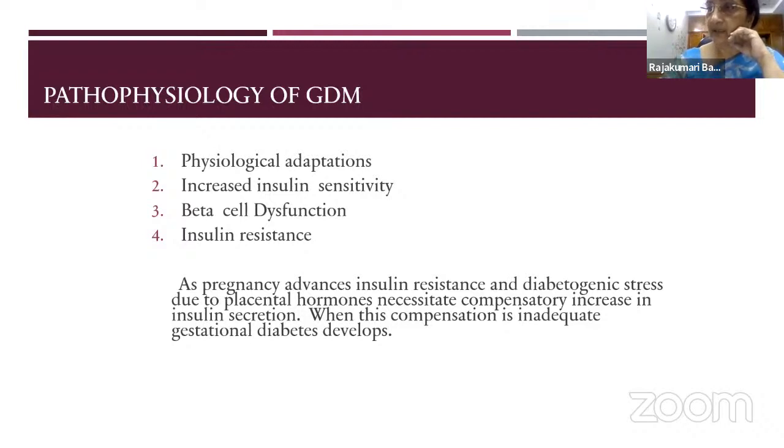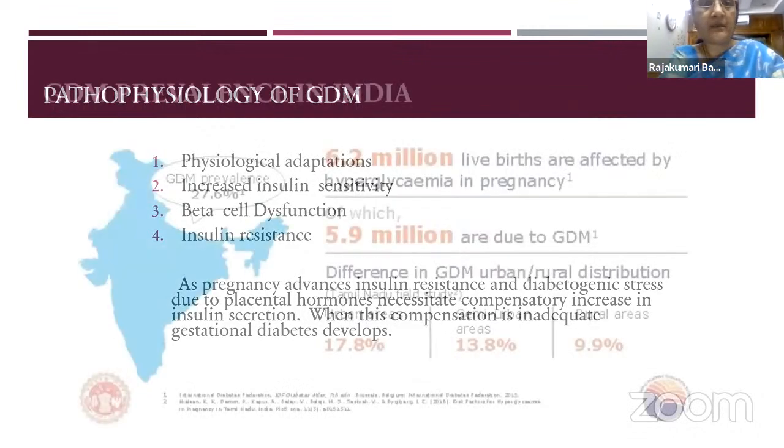Changes in the gut microbiome are a major contributing factor, causing an increase in gut permeability to cytokines, which causes insulin resistance. Oxidative stress is also another contributing factor. When these compensatory mechanisms fail, it causes GDM.